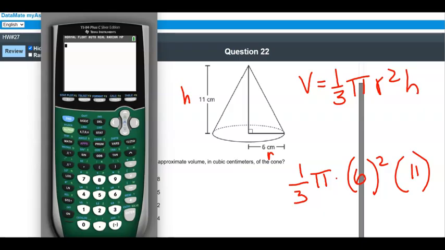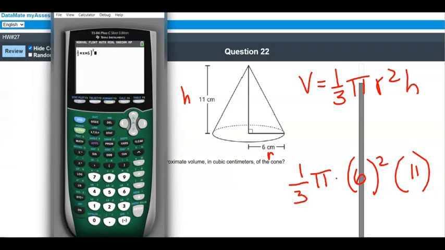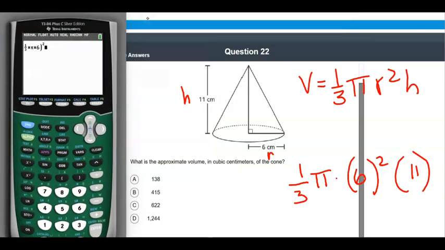I'm going to type the fraction, 1/3. Then I'm going to type the pi button. Then I'm going to type parentheses 6 squared. I need this other parentheses in here.